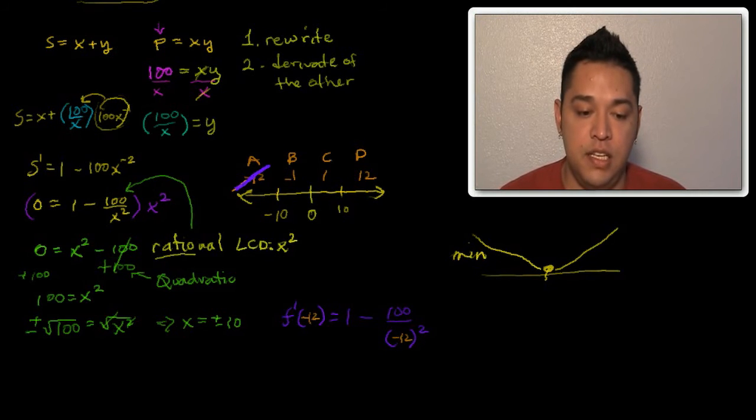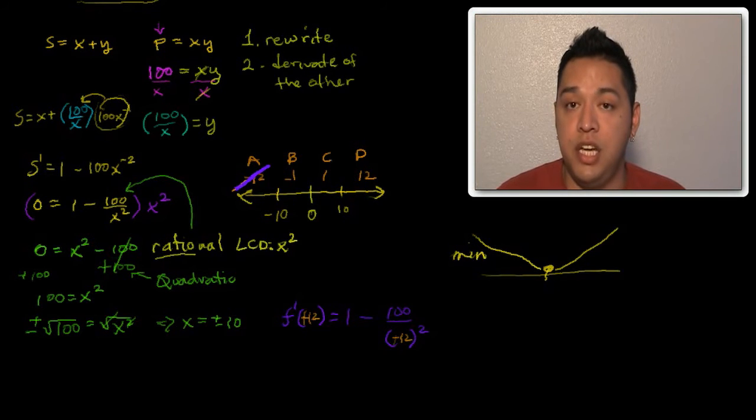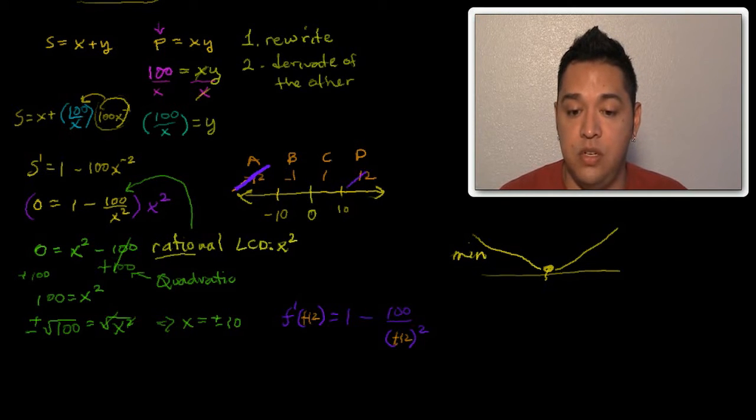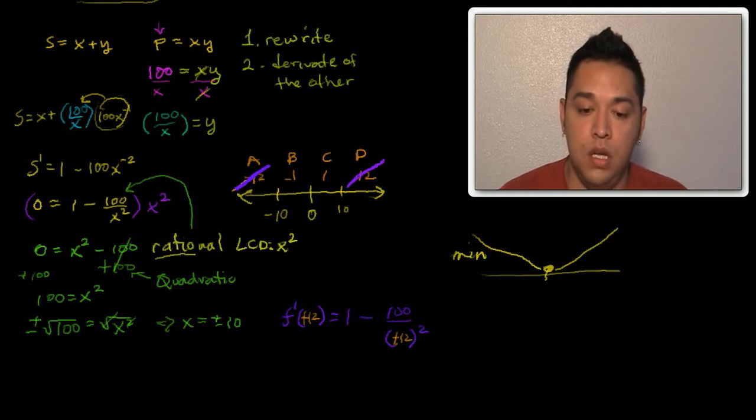If I change this to a positive 12, that's not going to change the sign of what comes out, because this is still going to be a positive 144. This is still going to be less than 1. So it's also increasing at this test point, from 10 to infinity. Now we need to test the other two points.